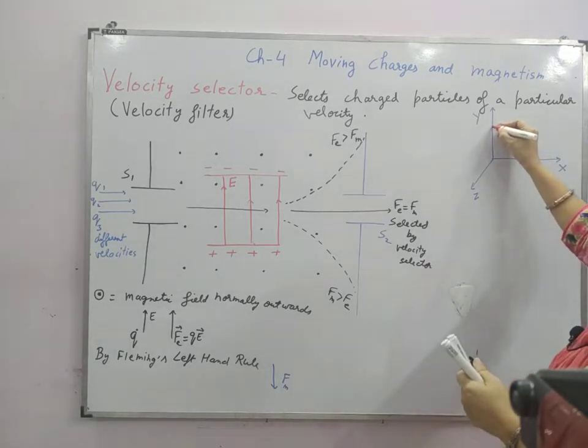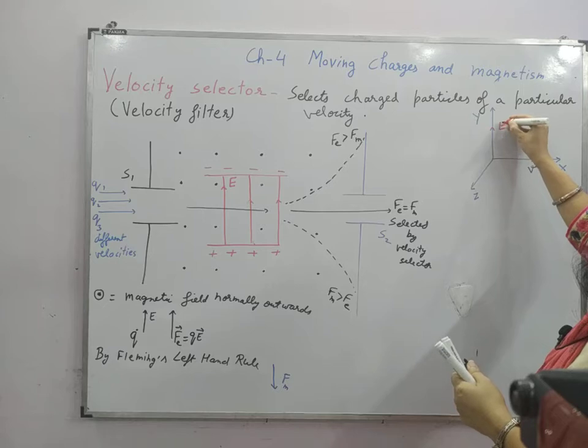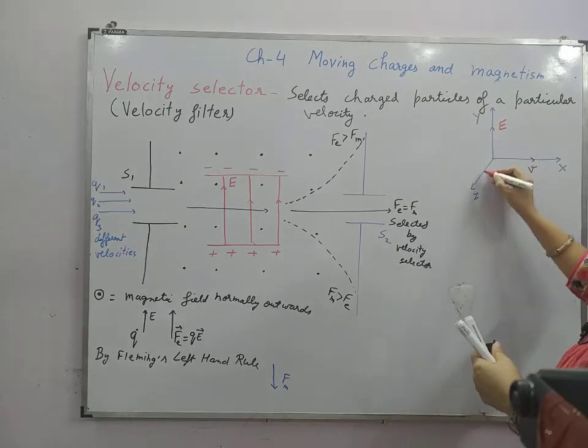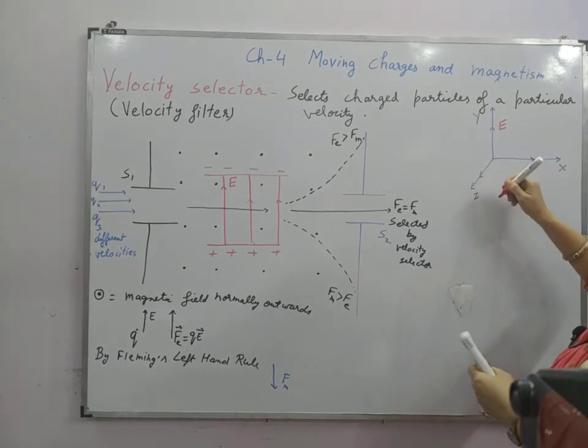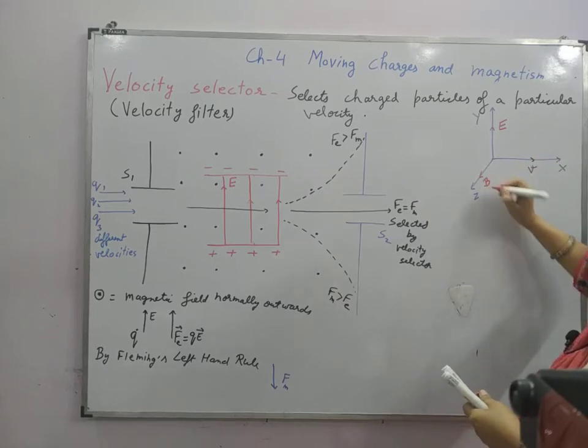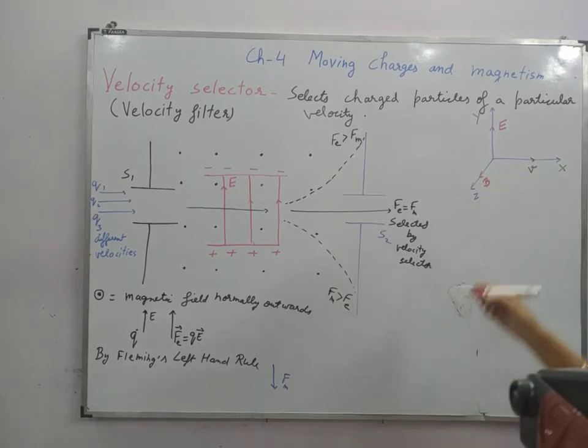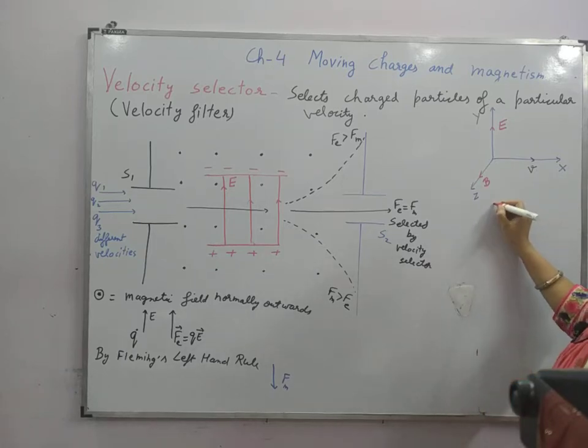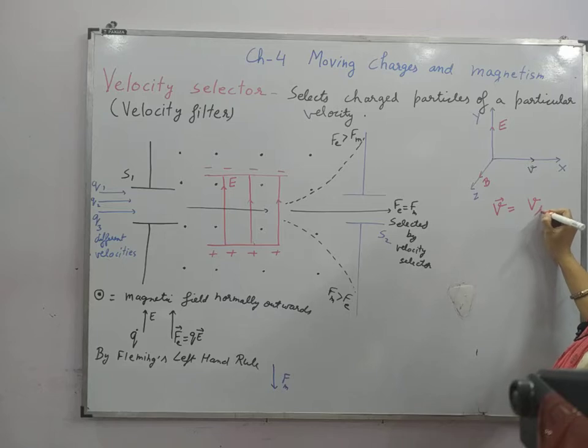This is the direction of electric field, and this is the direction of magnetic field. So if I want to write this in vector form, velocity vector is v i cap.